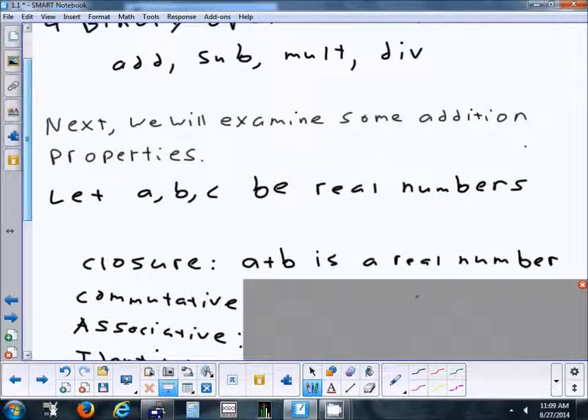Well, let's think of some of the operations we know that are not closed. I just gave you examples. What's one operation that might not be closed, depending on the number set that you're using? Subtraction might not be.